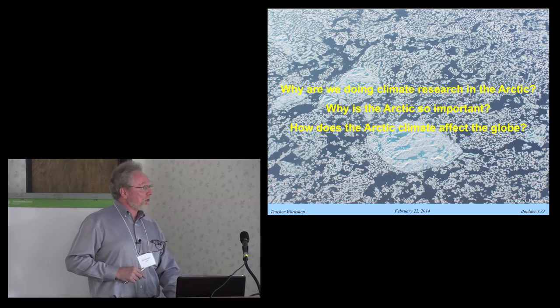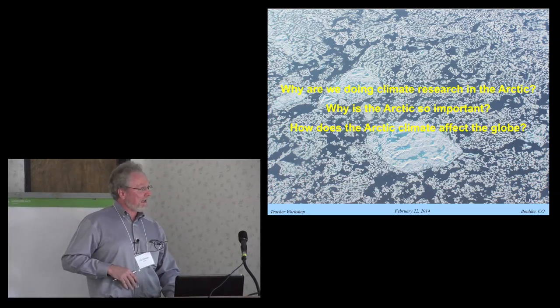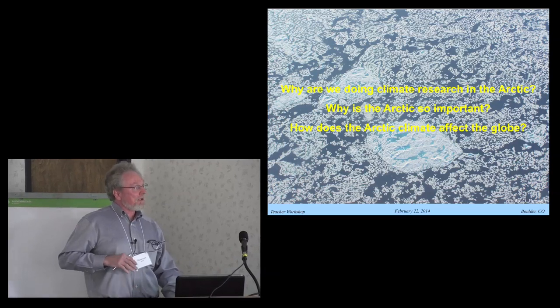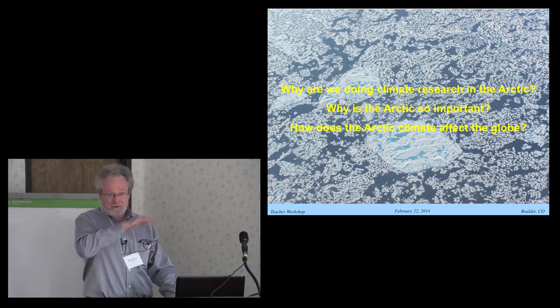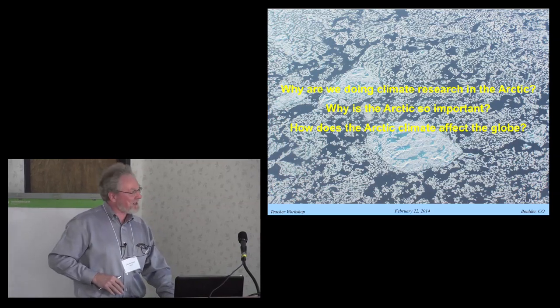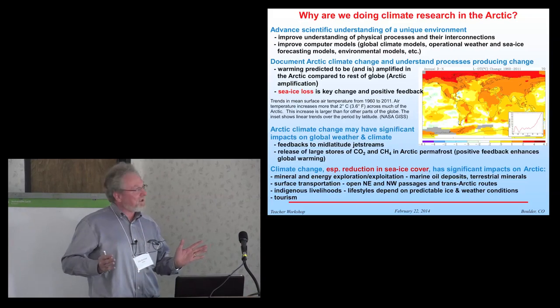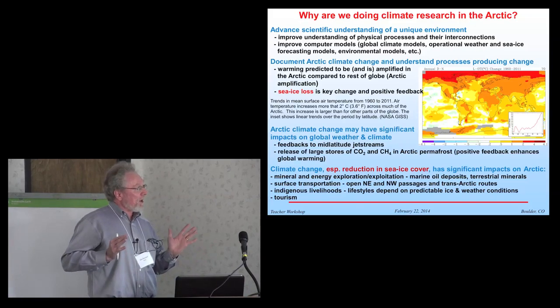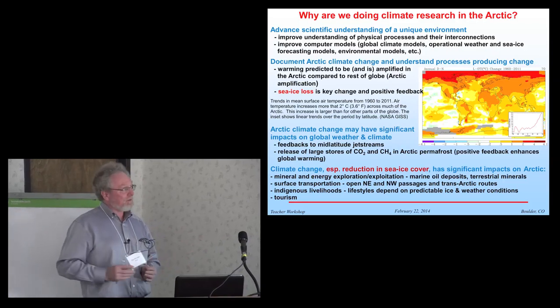So why are we doing climate research in the Arctic? And why is it so important? And how does the Arctic affect the climate in the globe? And, of course, the last question kind of answers a little bit the first two questions, or suggests an answer to the first two questions. We're scientists. We want to advance scientific understanding of a very unique environment. The Arctic is a unique environment.